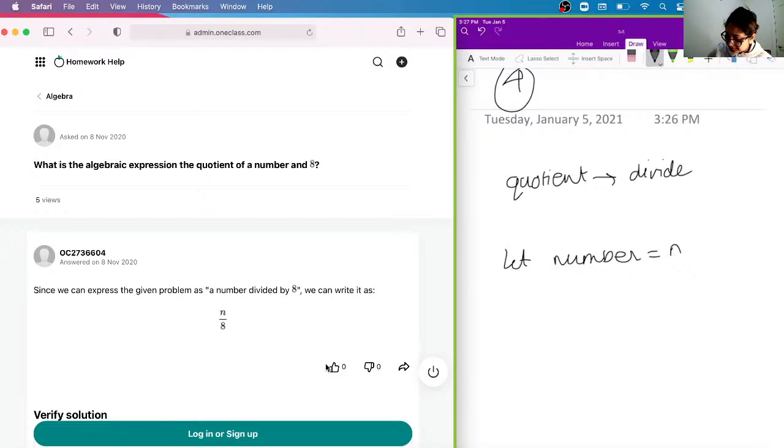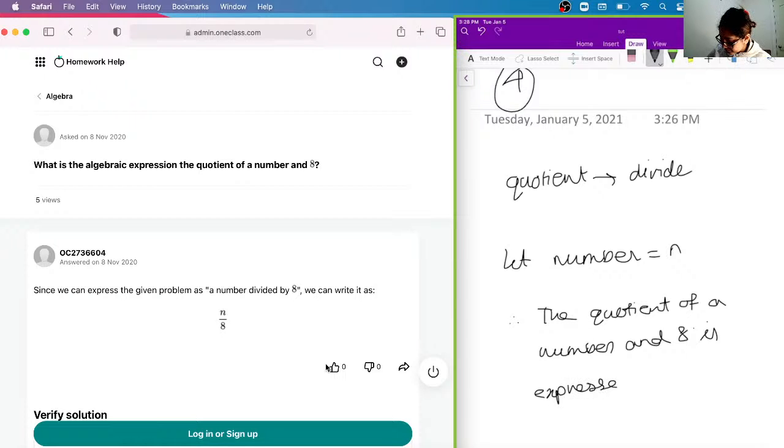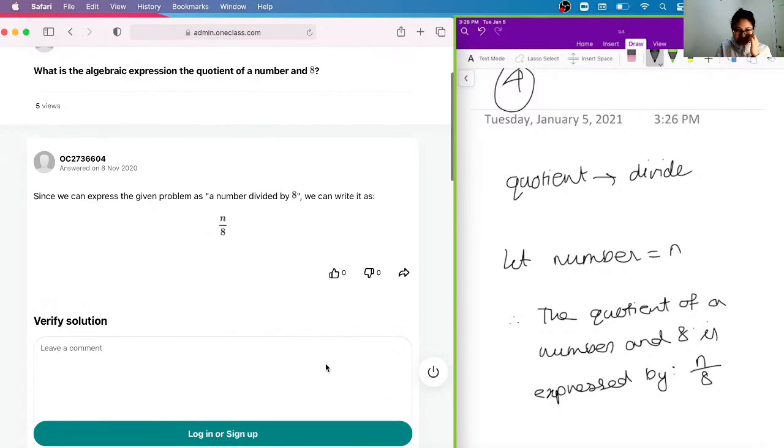So we can say that therefore the quotient of a number and 8 is expressed by n over 8. Okay, and this is what they are asking for.